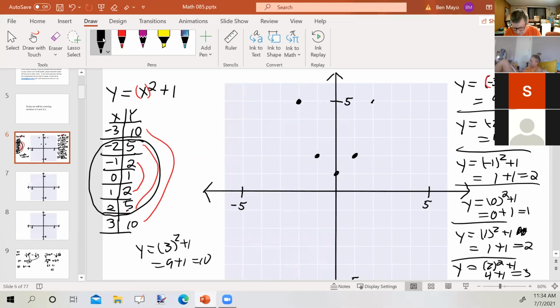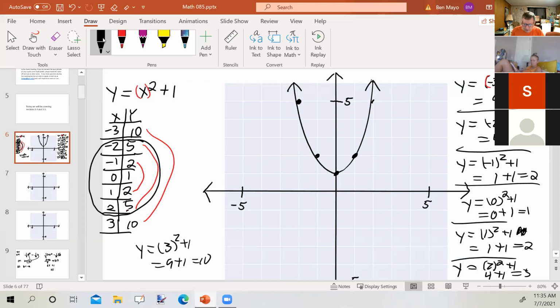Okay, so let's see if I can graph this thing. I've got this handy graphing tool here, and maybe this will help me and maybe it won't. All right.